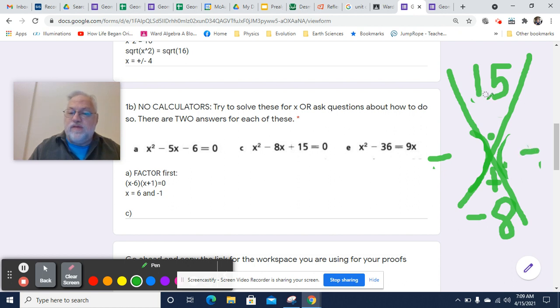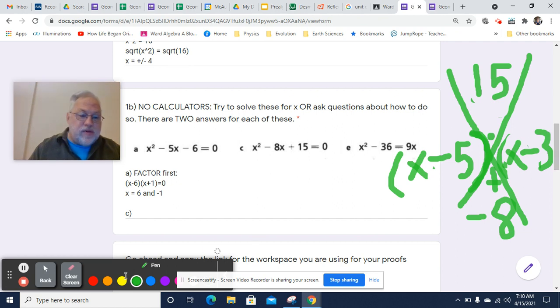Okay, and the factors of 15 that add up to +8 are 3 and 5. So we'll use -3 and -5. Okay, and we can just set this all up. x minus 5 times x minus 3. Okay, and I don't have room to put that last parenthesis, so I'm just going to have to pretend it's there.